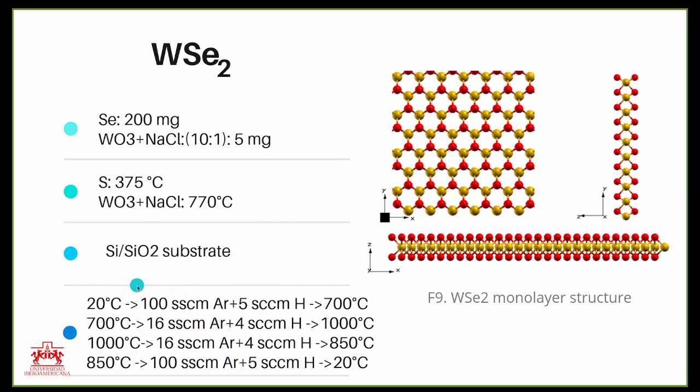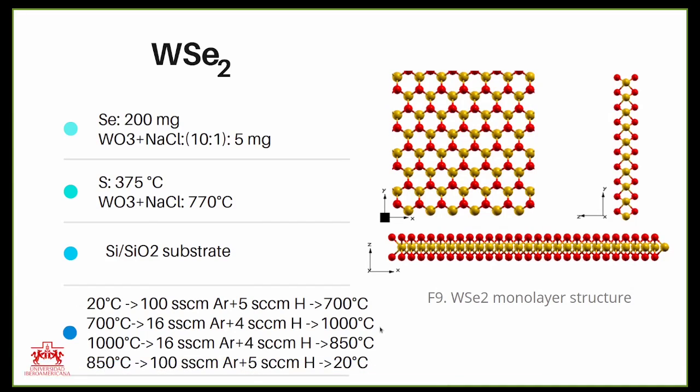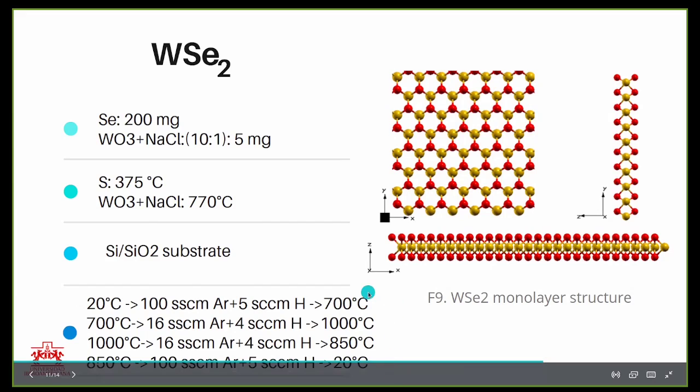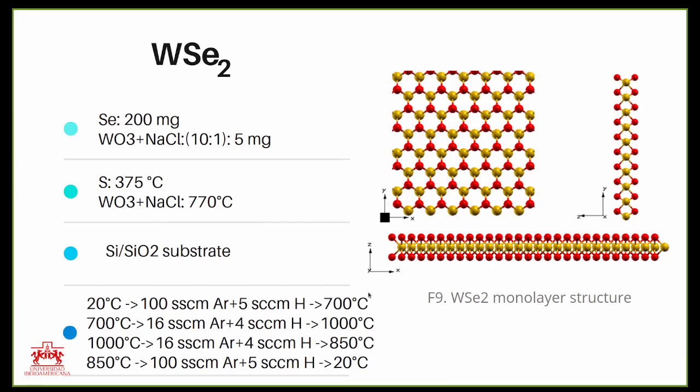We change from a really high flow to a really low flow, because we don't want the precursors to move too fast before they can be deposited on the substrate. So we have to do several changes. Sometimes we also have to move all the systems so the precursors have the best temperature for the synthesis.